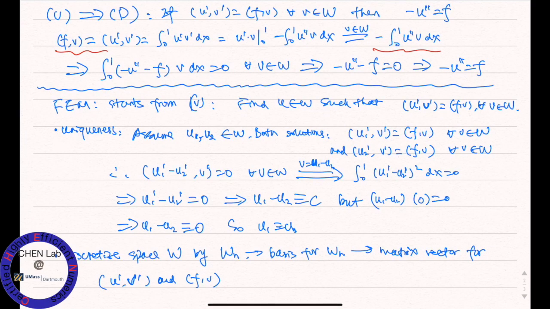For them to be the same, we arrive at an equation, which for a particular case, which we will do in the next video, is identical to the finite difference matrix, -1 2 -1.